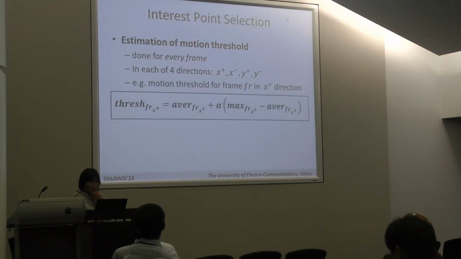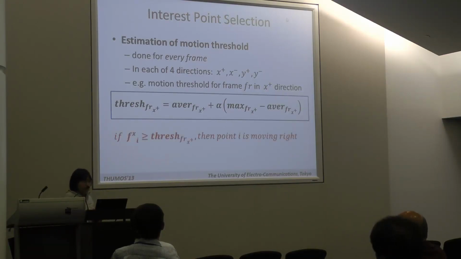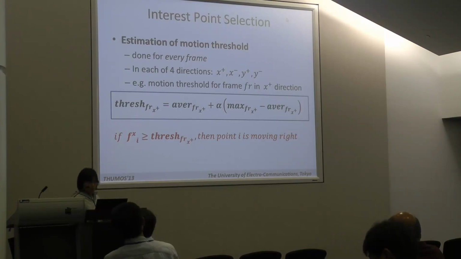And so, for example, the motion threshold for a frame in the right direction will be estimated, and it's just some value between the average and the maximum. If a point has a flow larger than or equal to the threshold of a direction, then the point is considered to be moving in that direction.